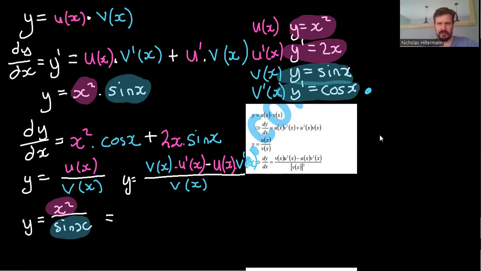And I've already done what the derivative is of each of them. So now all we do is simply plug in. So we put in our v(x), the blue, which is our sin x, right? So we say sin x times u dash x, which is the derivative of our x squared, which is 2x.